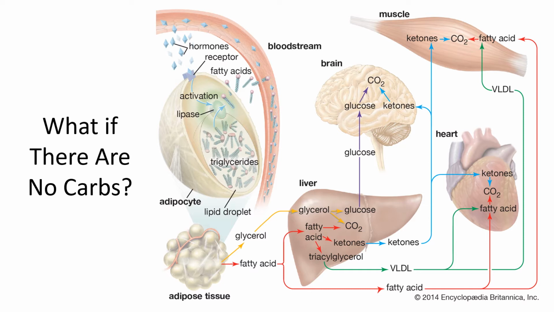So let's say you have an excess of glucose in your bloodstream. You've got more than your body can use. What's going to happen is that glucose is going to be taken up by adipose cells. Those are fat cells. And the cells are going to expand as they convert that glucose into triglycerides. So remember that ATP is for very short-term storage of energy.